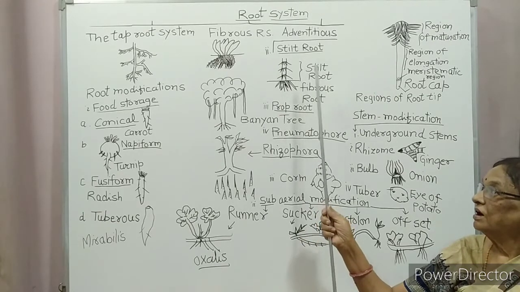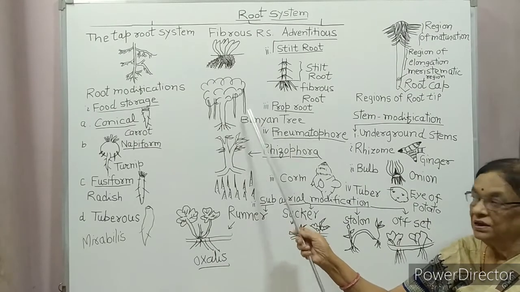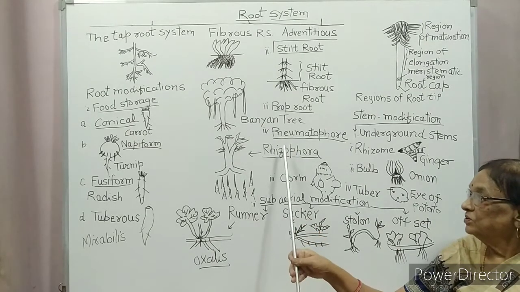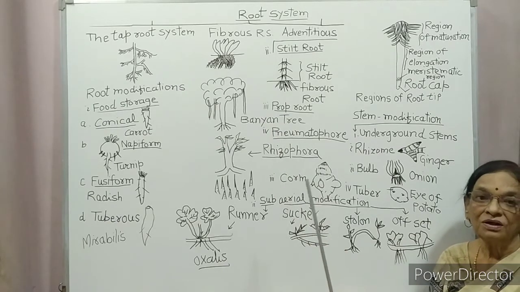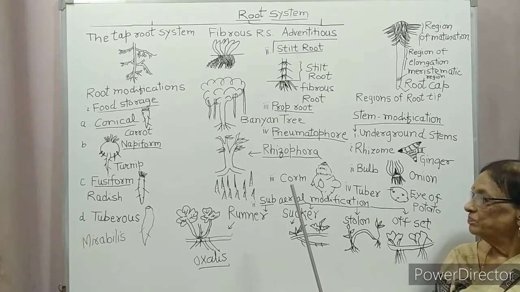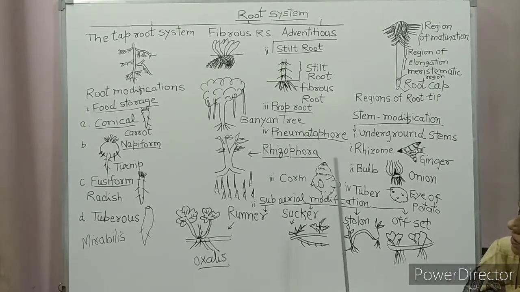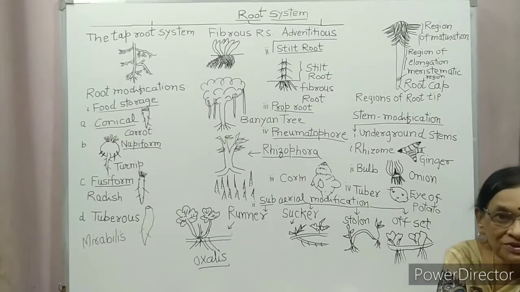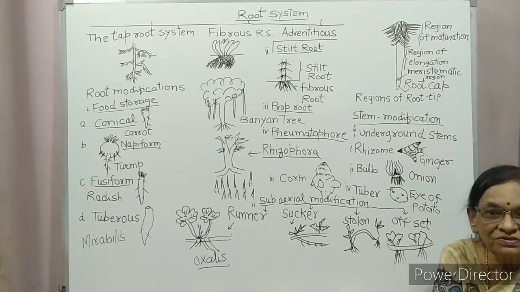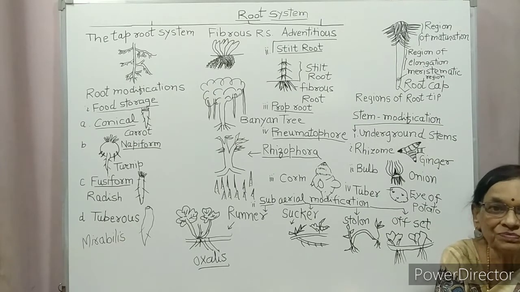Stilt root of maize, prop root of banyan, and pneumatophore of the rhizophora or mangrove. Now some roots are... after this the modification of root system is over.